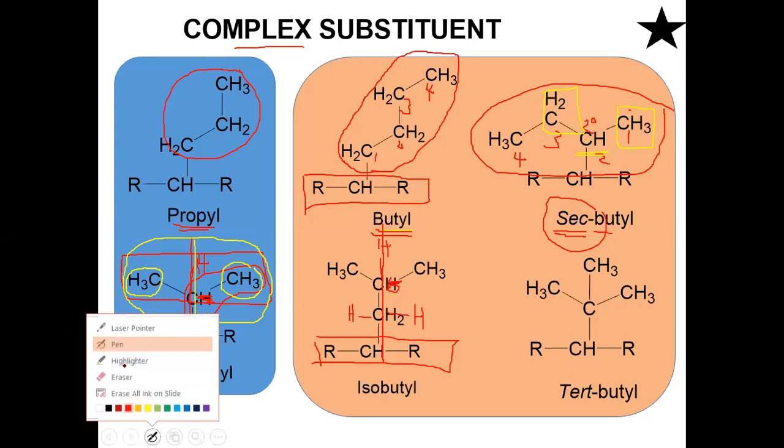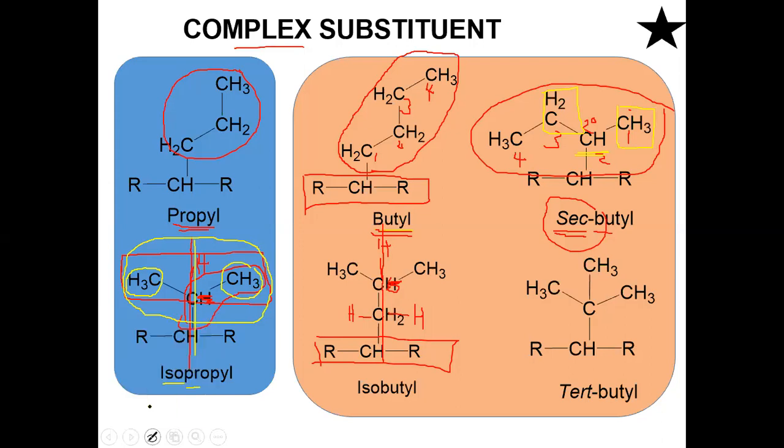So you can see it is an iso. Sini ada 1, sini ada 1. Sini ada 1, sini ada 1. So sama kes macam ni tadi. Yang ni, sama kes macam ni tadi. So dia bahagi sama rata, so dia akan jadi iso. Sama. Butyl because the total carbon for this branch is 4. 1, 2, 3, 4. So you have an isobutyl as your branch.